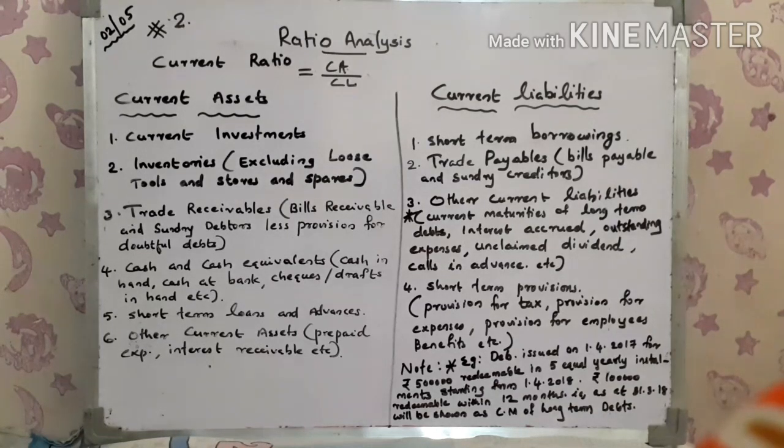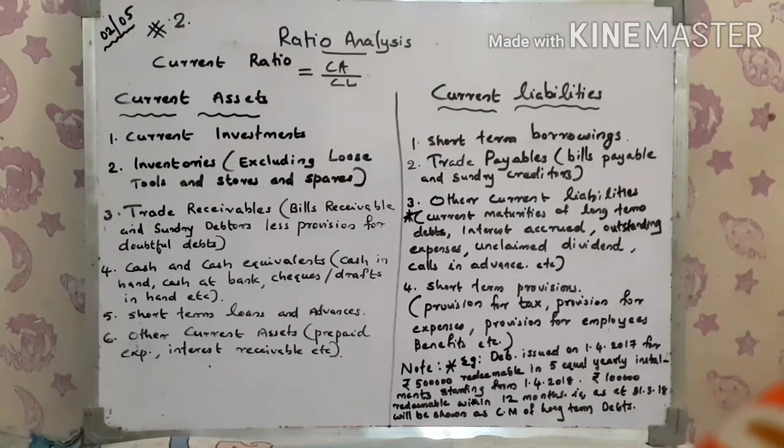Stores and spares and loose tools are not included in inventories because we classify them under capitalized fixed assets. They are not used for selling purposes but for maintenance purposes, so they come under fixed assets.